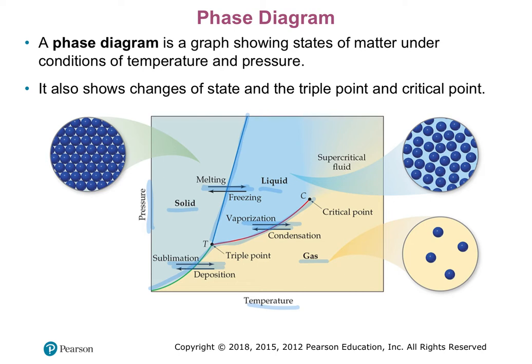We have these special points. The first one is the triple point. This is the one pressure and temperature point where all three phases exist at once. So pretty cool. And then this critical point up here is the point for a liquid and a gas to coexist.